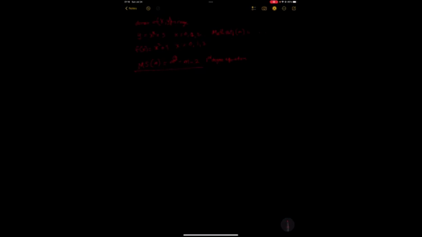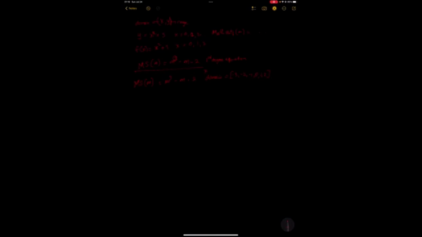Now we have MS of m equals m cubed minus m minus 2. Instead of using x, I'm going to say domain equals, and I'm going to give you the domain, which is minus 3, minus 2, minus 1, 0, 1, 2. This is how you write domain. When you write domain or the range, you have to write it in square brackets.